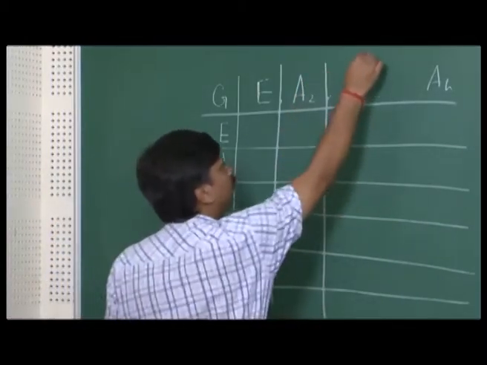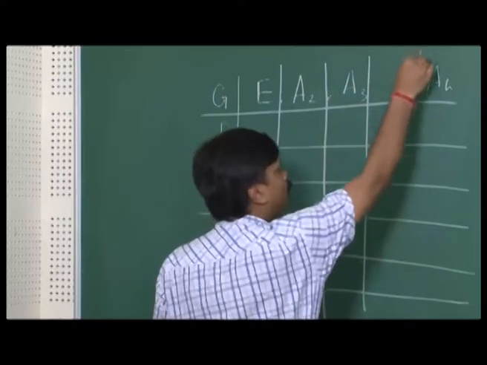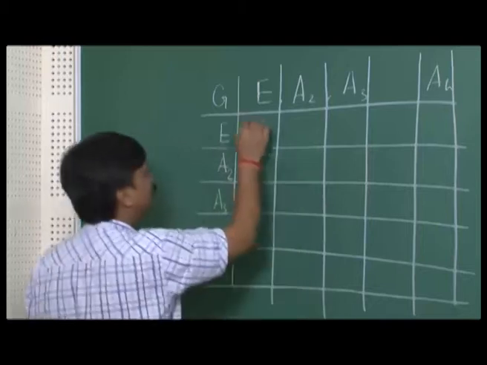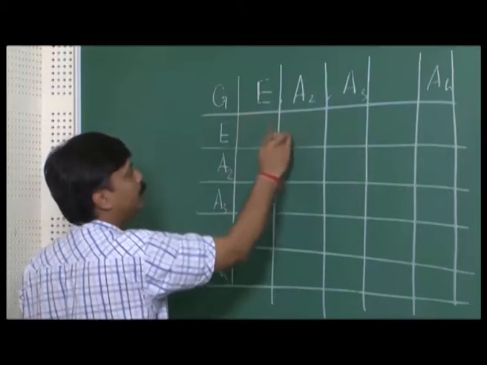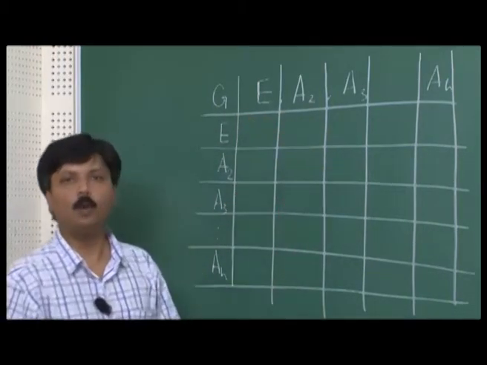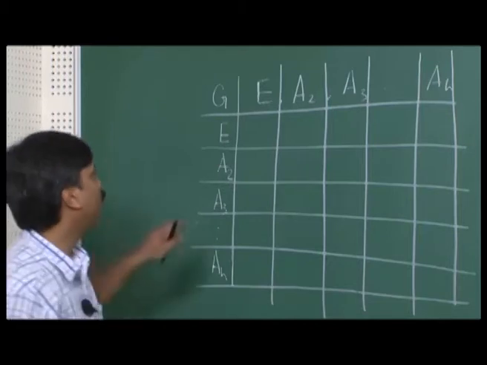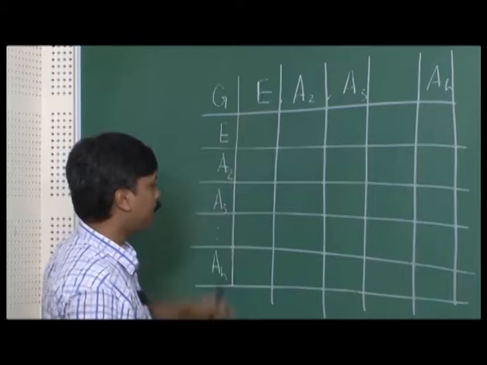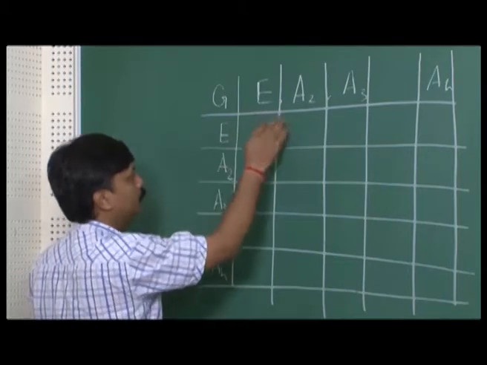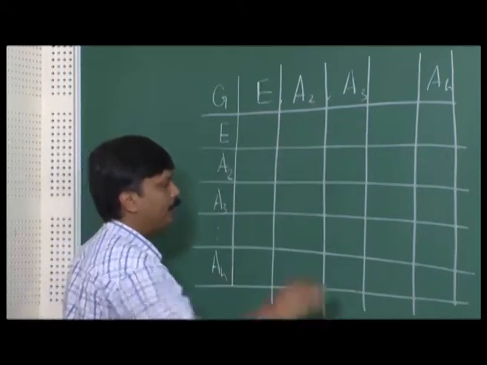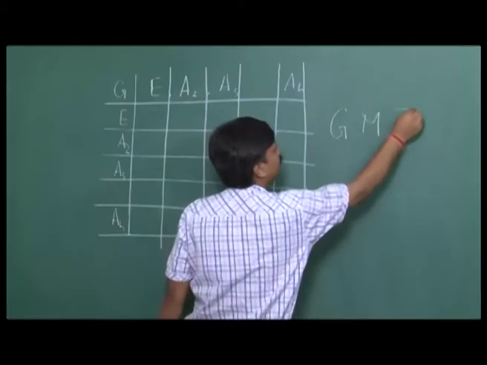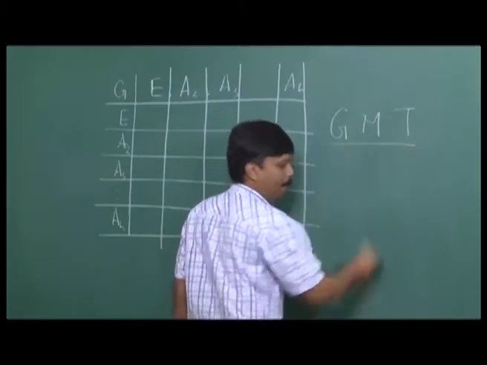Each of these units, each of these cells, so by cell I mean this area, will contain one product. And how will the product be? So this multiplied by this. So you will get the results here, and this as a whole is the group multiplication table.